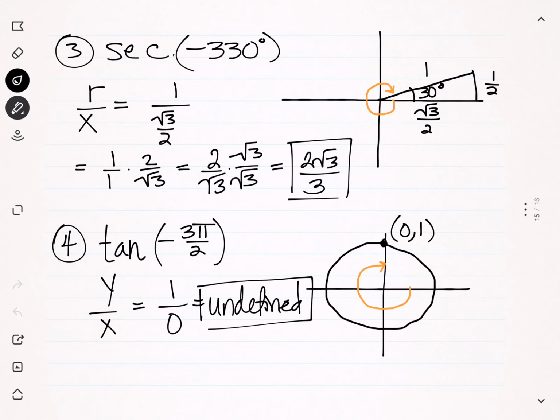So since tangent is y over x, then we want to do 1 divided by 0. The y value divided by the x value, and again we have 0 under, which is undefined. So we can't divide by 0, it's undefined.